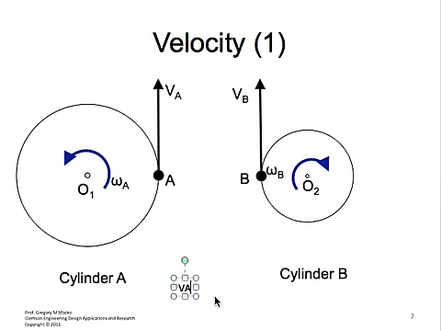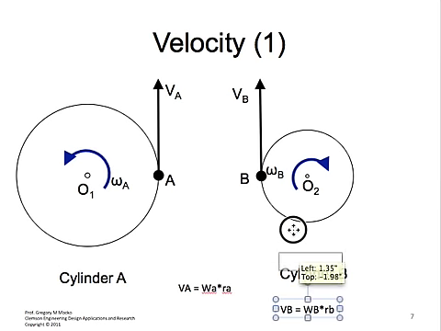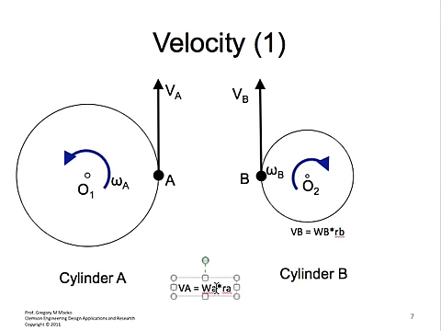The velocity of point A is equal to omega A times R A. And we also know that the velocity of B is equal to omega B times R B. In this case, for these two circles, these are simply the magnitudes, and we can infer the direction.